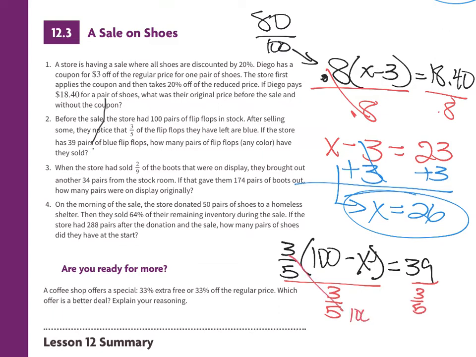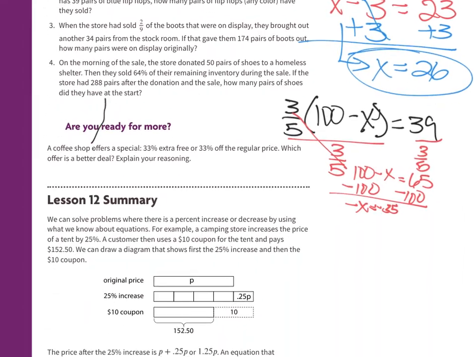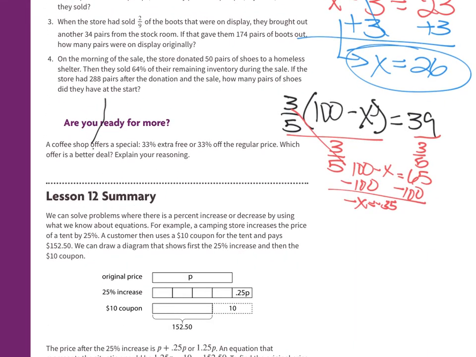So 100 minus X equals 39 divided by 3/5, which is 65. And then 100 minus X is 65, so we can subtract 100 from both sides. Negative X equals negative 35. So positive X equals 35.